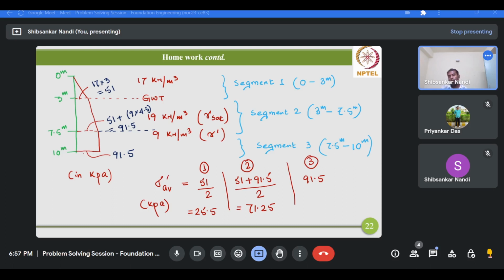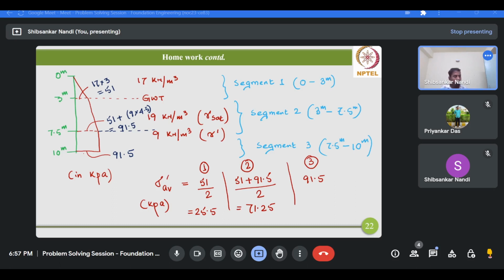Whatever magnitude you get at the level of critical length should remain constant throughout the remaining length of the pile. So it is very essential to check whether the problem statement mentions that you have to consider the critical length or not, because the final answer will change depending on that condition.